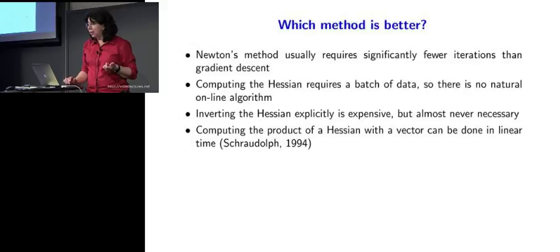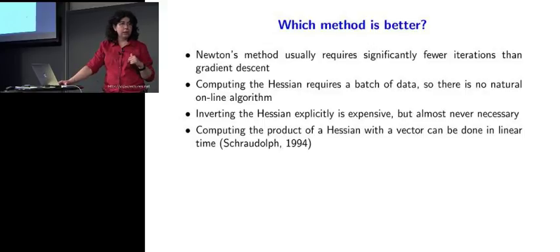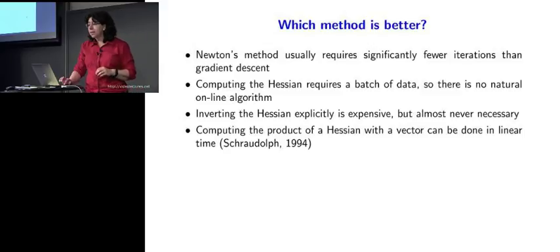So what's the better method? Well, that kind of depends. Newton's method typically requires far fewer iterations, because you, in some sense, go at exactly the right speed, but computing the Hessian might be a problem. The inversion, it turns out, you don't really need to do. There's a nice trick that allows you to compute the product of a Hessian with a vector in linear time that very often people actually leverage.